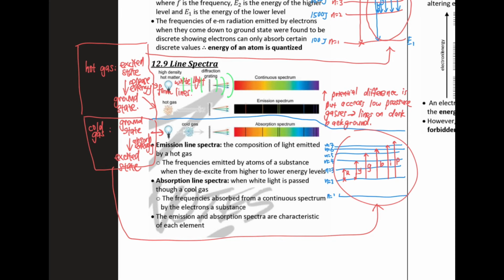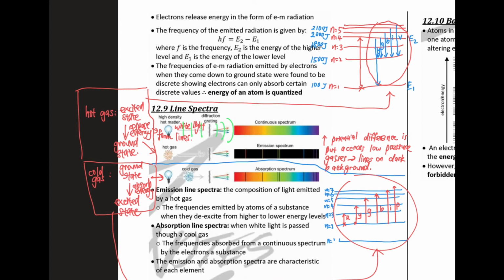Let's see here. What they say now is the frequencies emitted by atoms of a substance when they de-excite from higher to lower energy level. So they are trying to say that this is emission line spectrum, right?